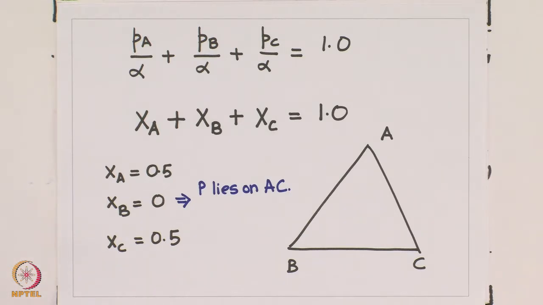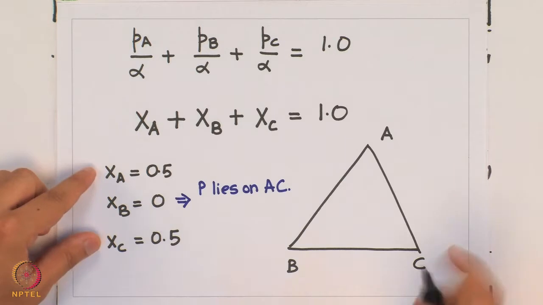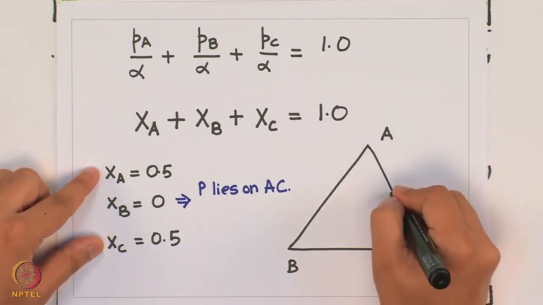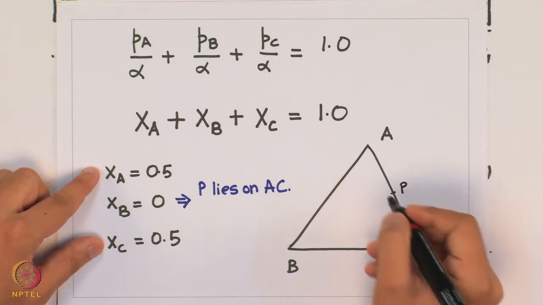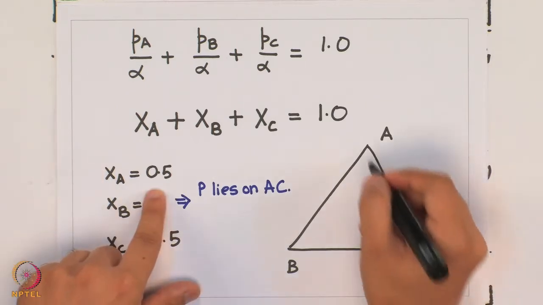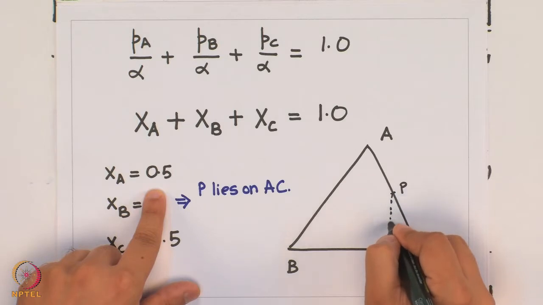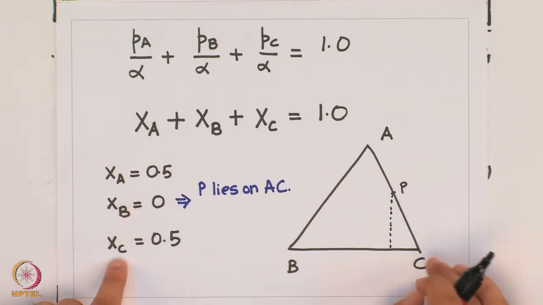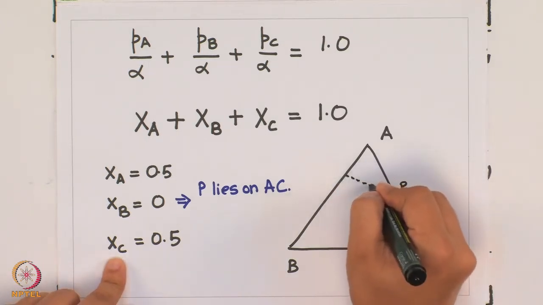And now what we want next is to locate a point P on this segment AC such that from that point P, the perpendicular drawn opposite the vertex A should be equal in length to the perpendicular drawn to the side which is opposite vertex C, which is this perpendicular.